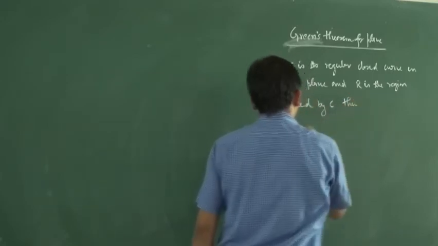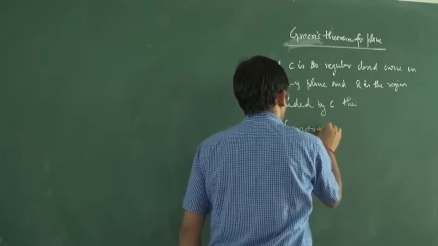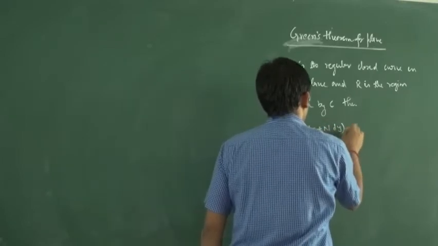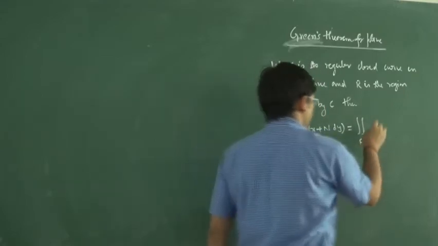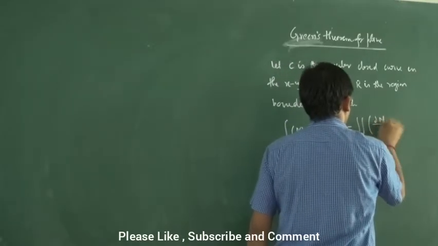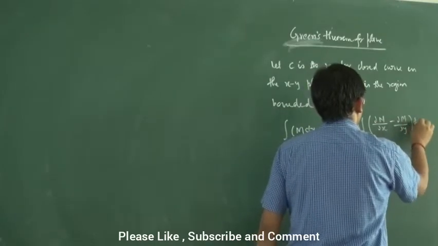Then this line integral of M dx plus N dy is equal to the surface integral in the plane of (del N upon del x minus del M upon del y) dx dy.